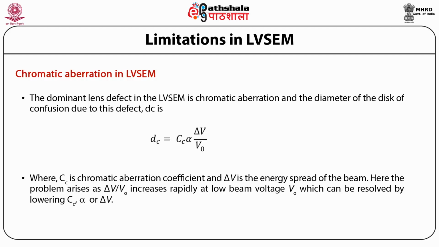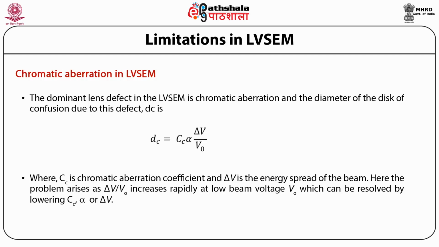Here, the issue arises as delta V divided by V0 increases rapidly at low voltage V0. That can be resolved by lowering Cc, alpha or delta V.